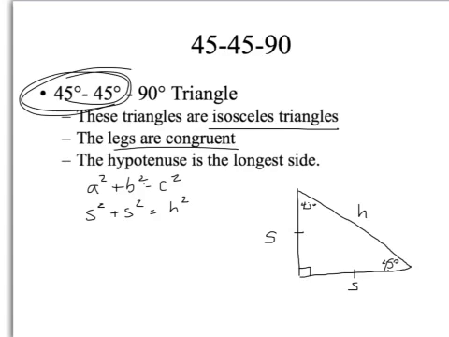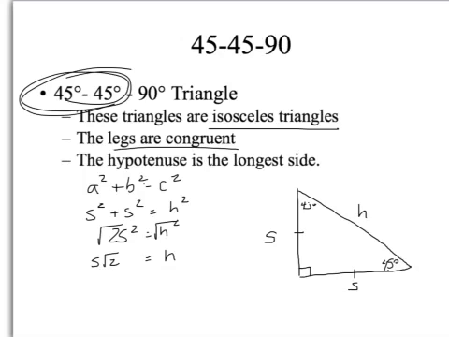Now that means we've got two s squared equals h squared. So if I want to find out what h is, I can just take the square root of both sides. That means h is going to equal s times the square root of 2.